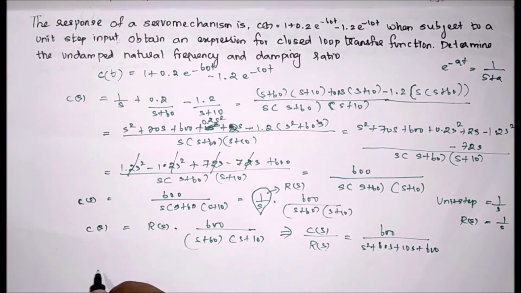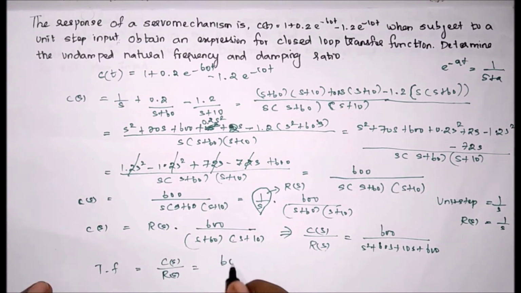So now transfer function equal to C of s divided by R of s equal to 600 divided by s square plus 70s plus 600.